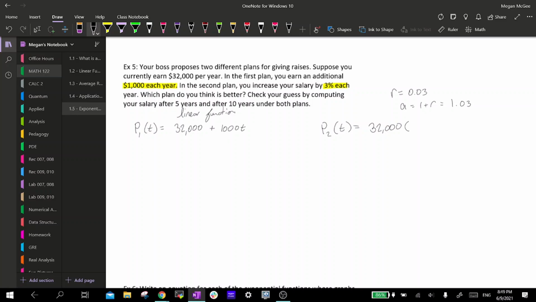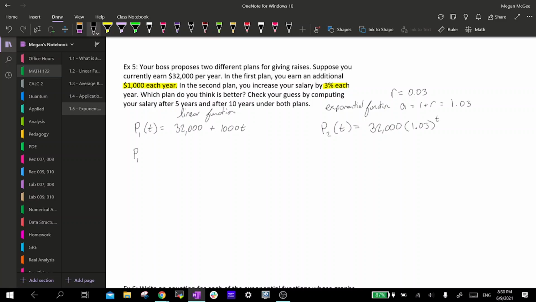So our function is $32,000 times 1.03 raised to the T. And here we have an exponential function. All right, so we need to calculate P of 5 and P of 10 in both plans.